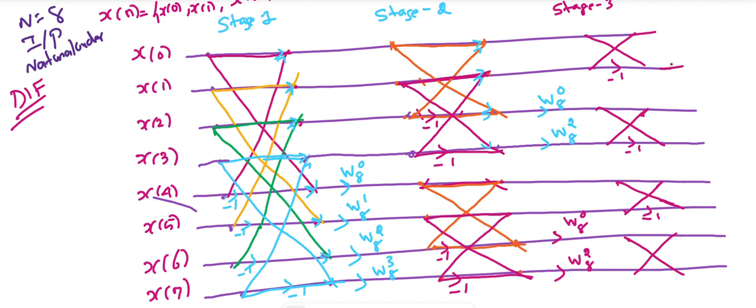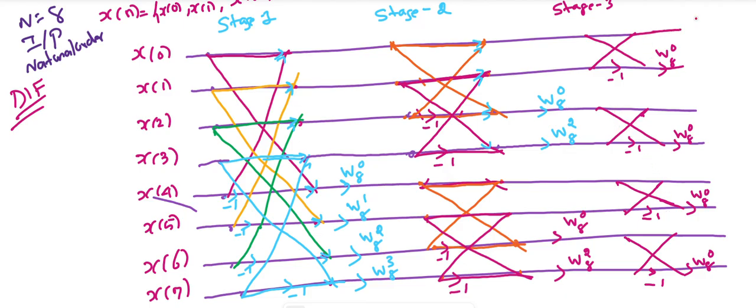So the total factor is W08. W08 is 1. So in some textbooks they won't write W08 since it is a 1, but you should write -1, -1, -1.